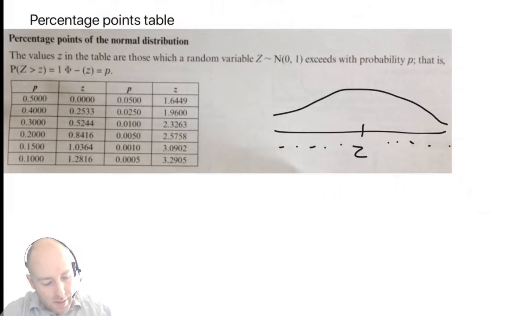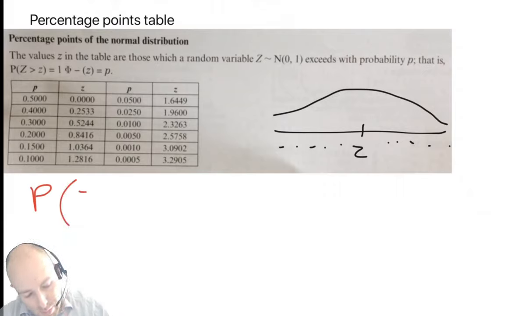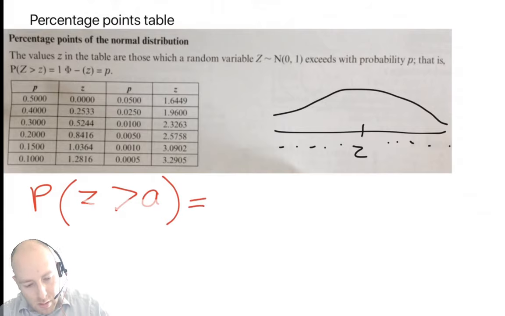Okay, so the key point on this table is it's the probability that z is greater than, I'm going to put a in, I think it makes it a bit clearer there, equals p.